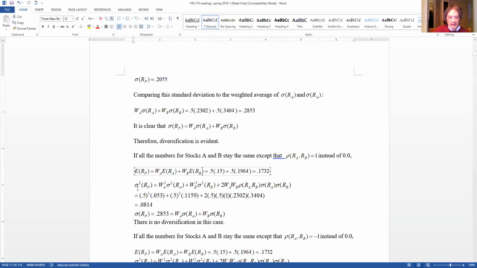Then we calculate the variance based on this new correlation, 1, and then the standard deviation, okay? Now this time, the portfolio standard deviation is 0.2853. It happens to be equal to the weighted average here.